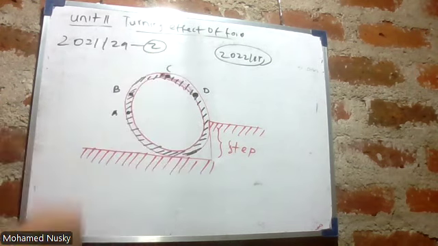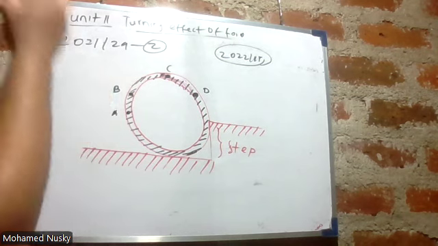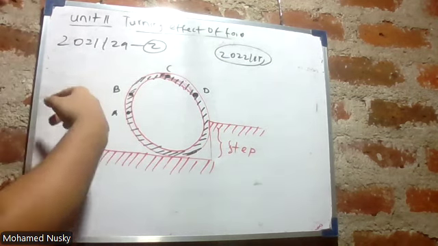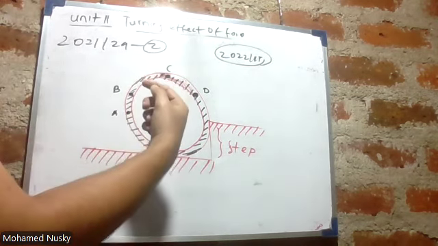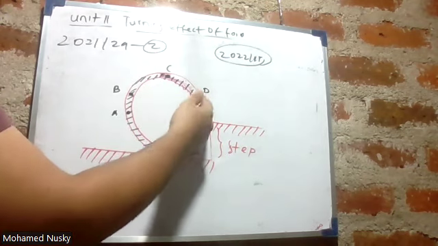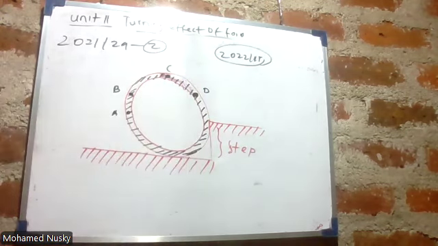Now how can I pull this up? I can tie a string at this location, or at this location, and then I'm going to take the string.